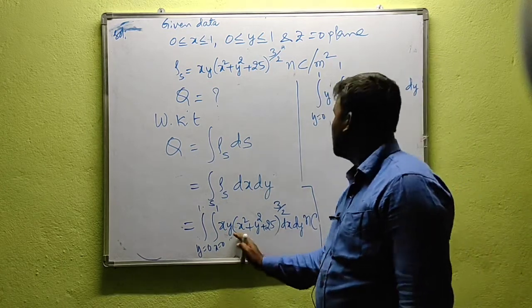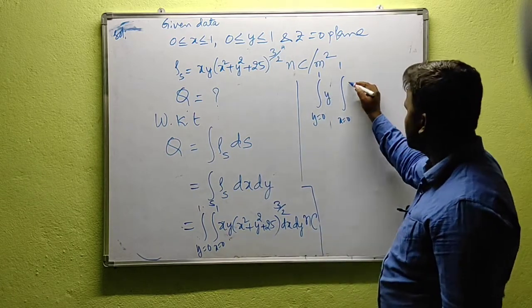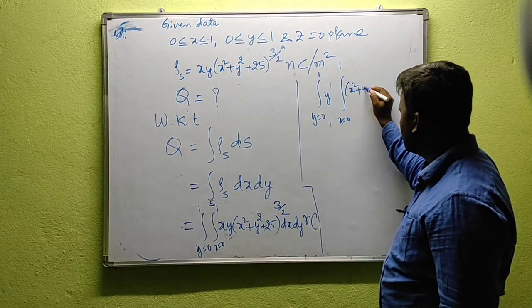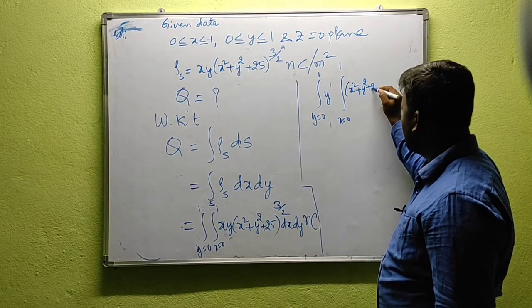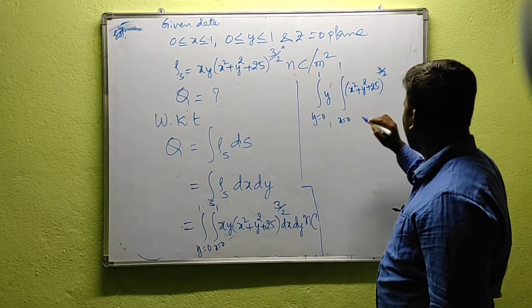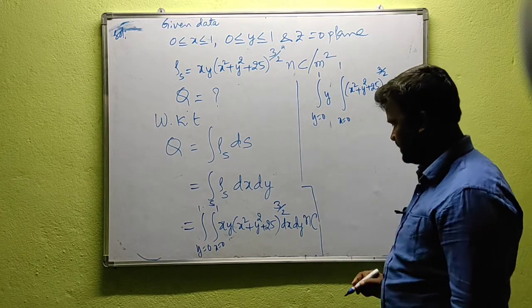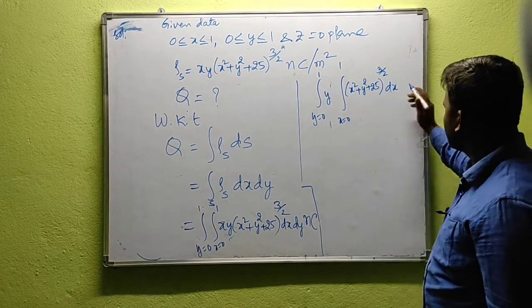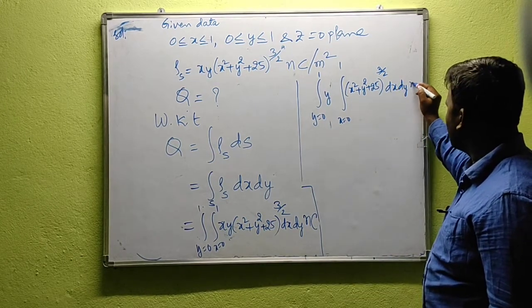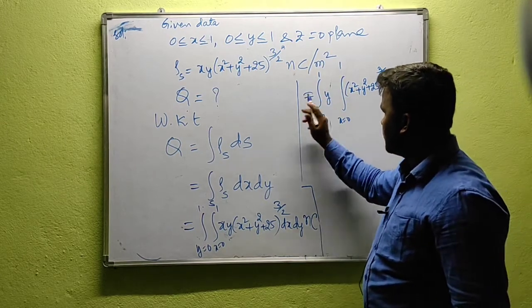Y should be written outside of the integration because it is treated as constant. Now we can write this as x square plus y square plus 25 whole power 3 by 2 dx into dy nano coulombs. Now it is the q value.